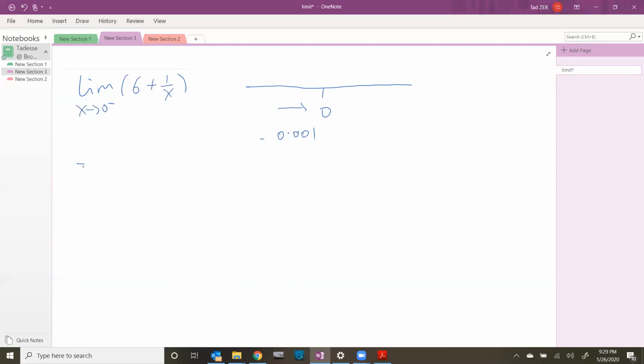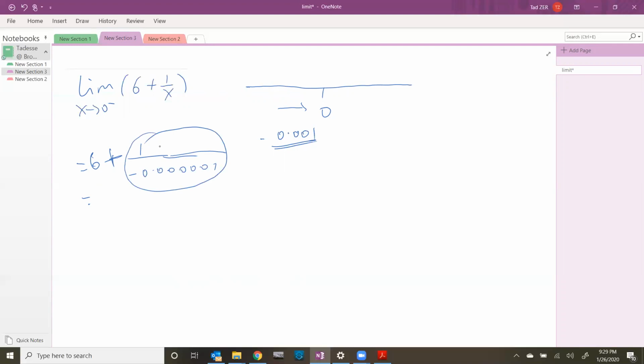So this becomes 6 plus 1 over negative 0.001. In this case, I just pick negative 0.001, but it doesn't matter. You pick sufficiently close to 0. Now, the constant 6 is fixed, but what happens to this guy, the second expression?